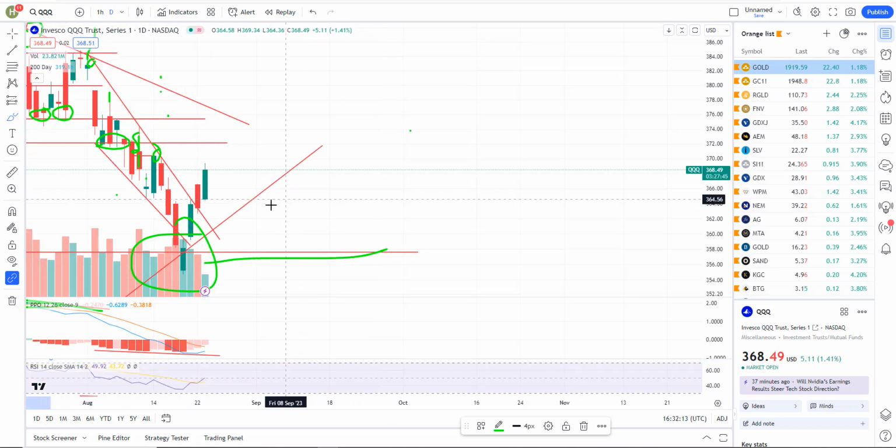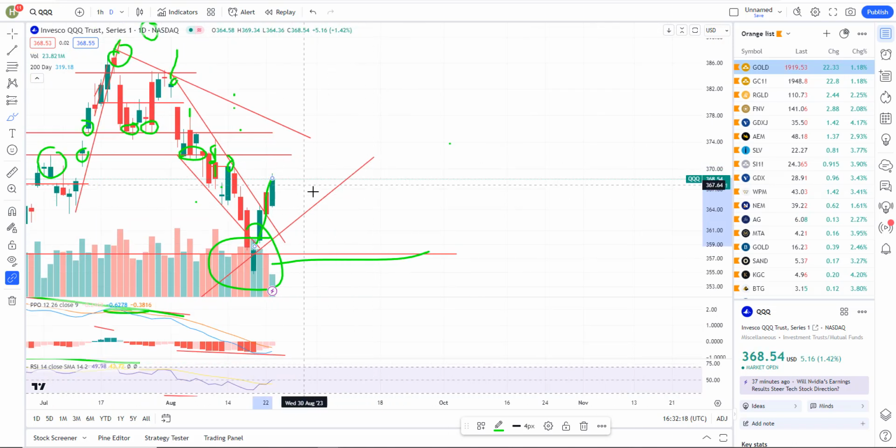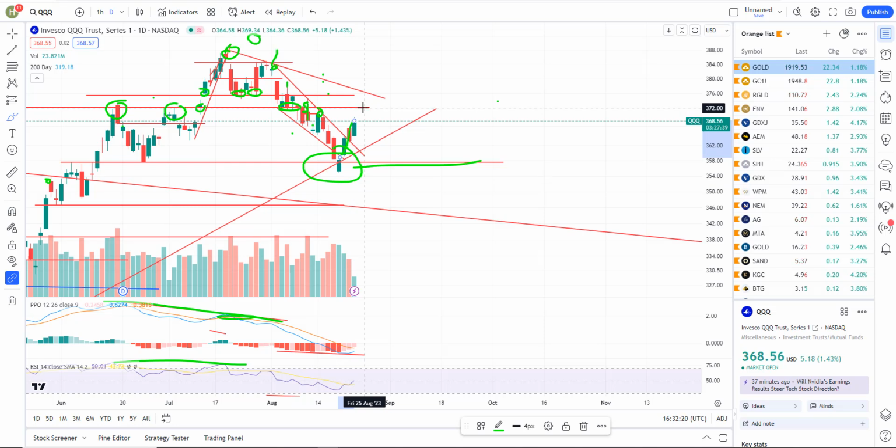Okay. We are seeing this bounce here off this trend line, and the resistance level, there's kind of two resistance levels. One, there's some decent resistance right here. It's about 372-ish. Okay, that's kind of some former reaction highs. All right, so there's your resistance. And then there's this potential downtrend line coming off the highs on the daily.